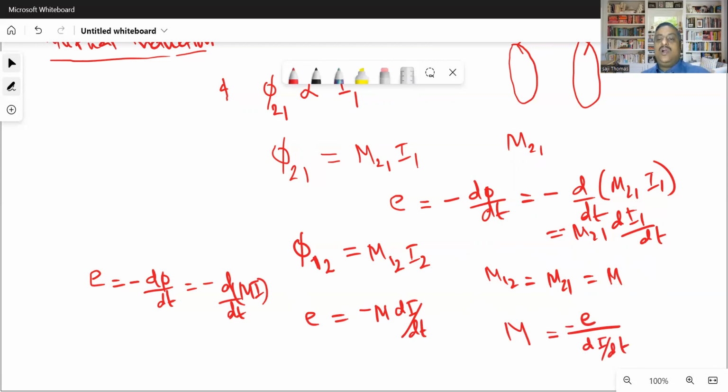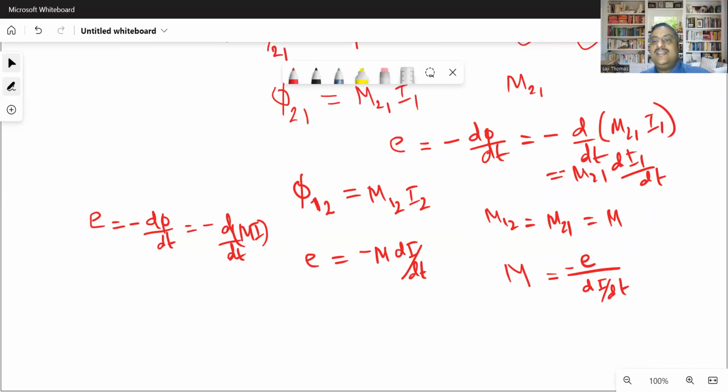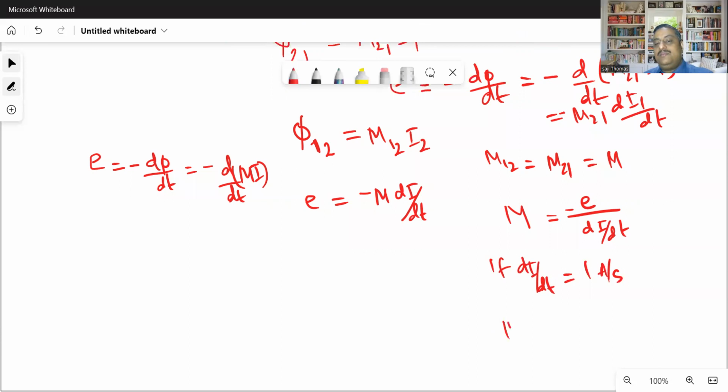So how can we define the coefficient of mutual induction? It is the induced EMF when current through the neighboring coil changes at the rate of 1 ampere per second. If dI by dt is 1 ampere per second, then M is equal to E numerically.